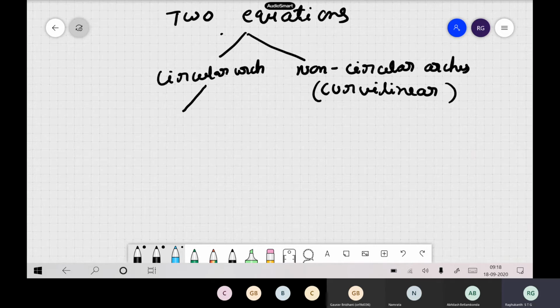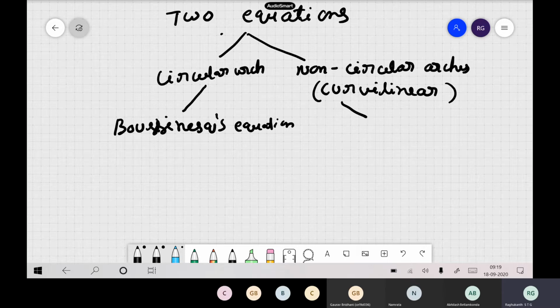So for circular arches, the main equation of equilibrium is what we call the Boussinesq solution. Okay, so Boussinesq's equation we use for circular arches. Now for non-circular arches, we use Lamb's problem, or Lamb's equation.